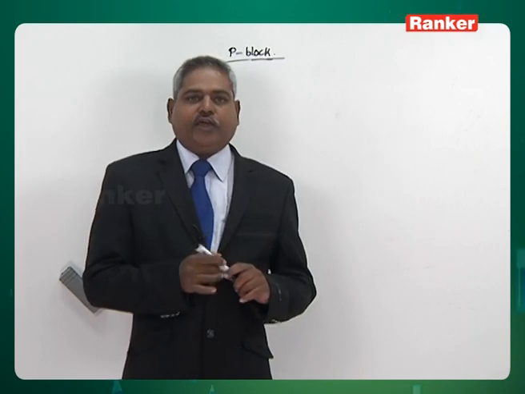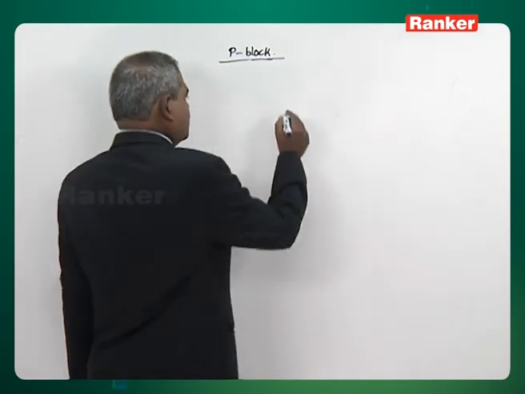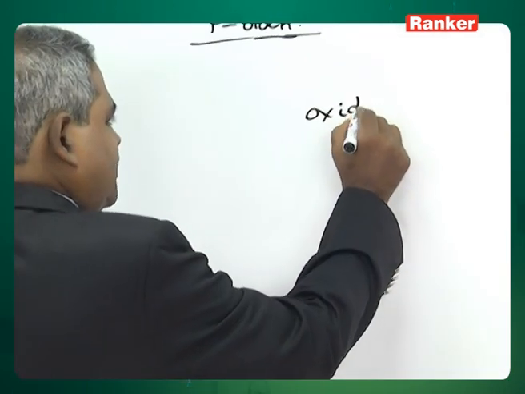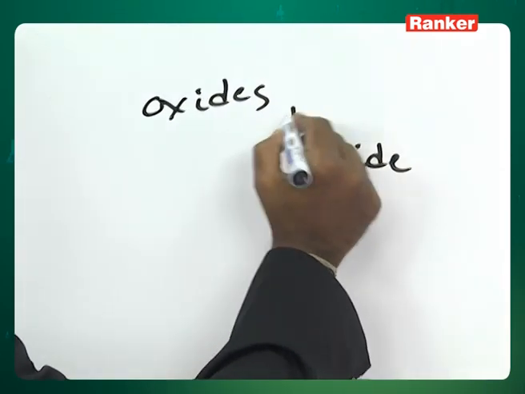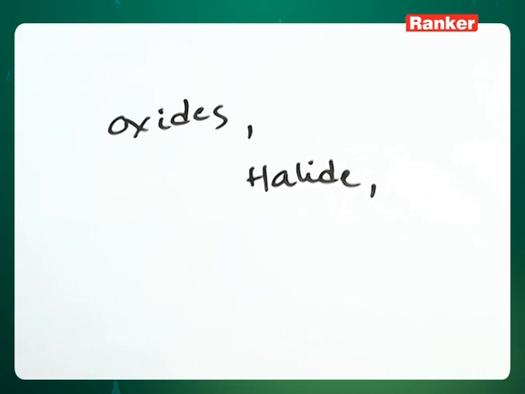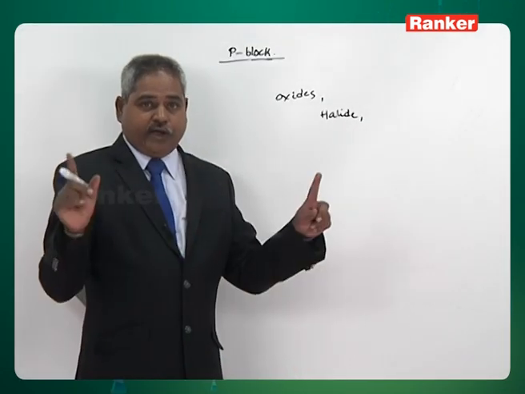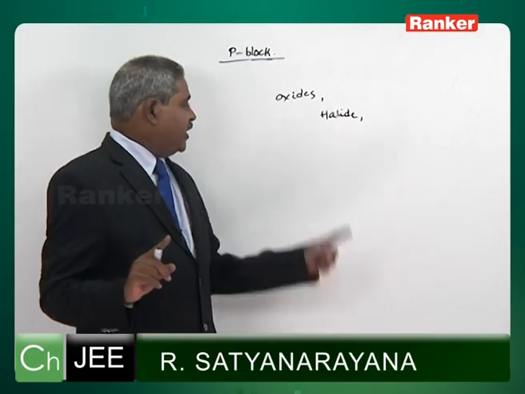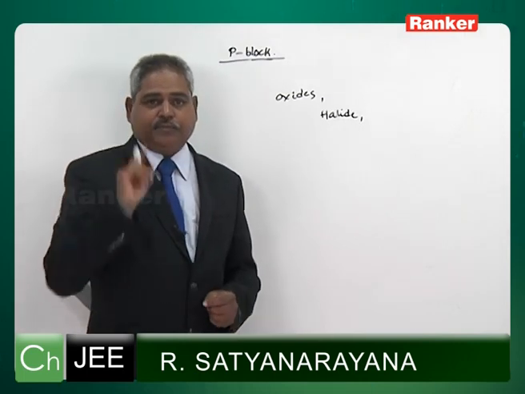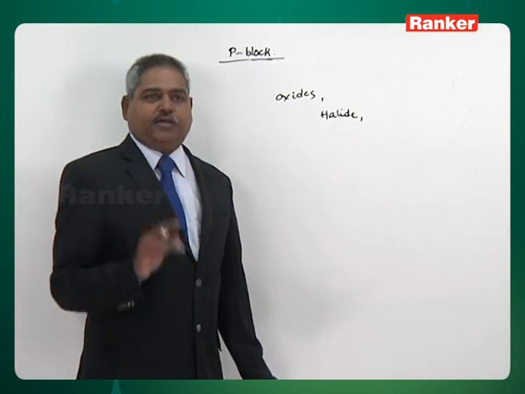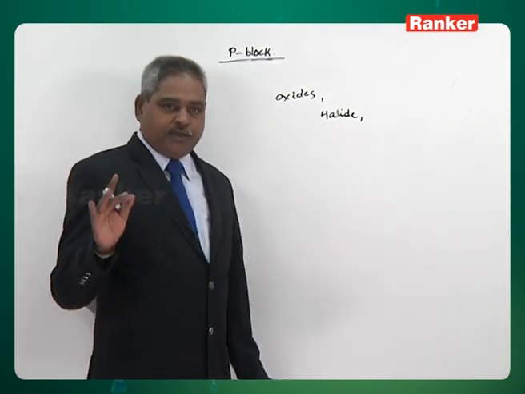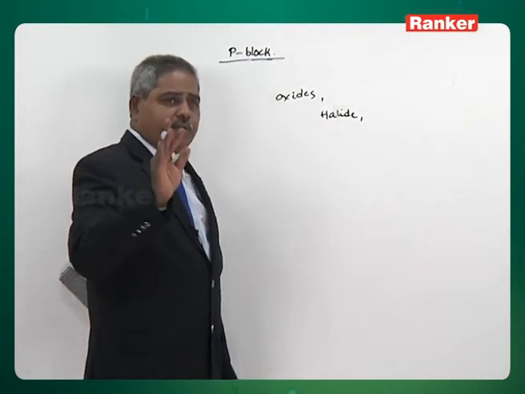So we have discussed oxides and halides. If you remember the 15 columns we have written about group 5, but never do I discuss group 5 in isolation. We are discussing oxides of all p block elements, in fact of all elements.